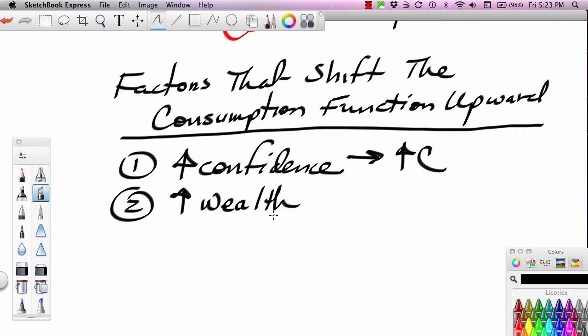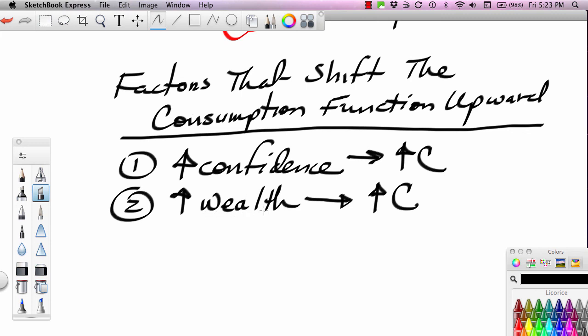My wealth is funds that I've accumulated over a number of years. Now, let's say that I have those funds in the stock market, and the stock market is advancing. Stock values are increasing, and I feel wealthier because my retirement fund is rising. Well, if I feel wealthier, what do I tend to do out of present income? I tend to spend more.